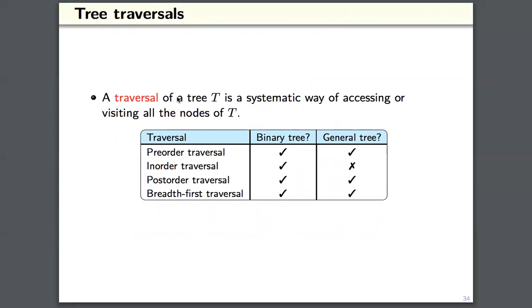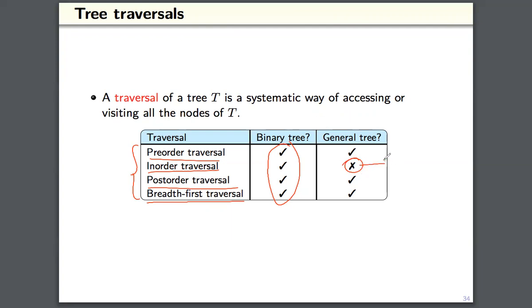Next, we need to traverse or scan these trees. Let's look at the algorithms to do this. There are 4 important algorithms: pre-order traversal, in-order traversal, post-order traversal, and breadth first traversal. All 4 are available for a binary tree, but only 3 are defined for a generic tree.